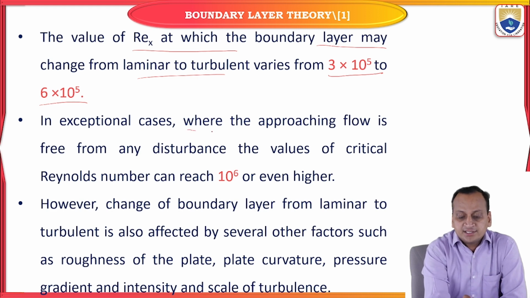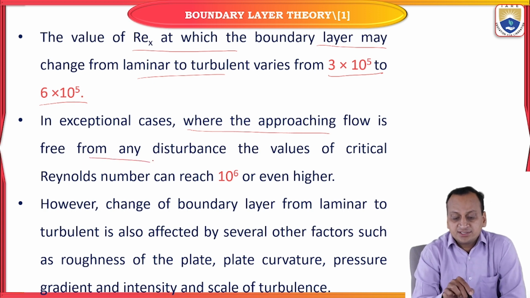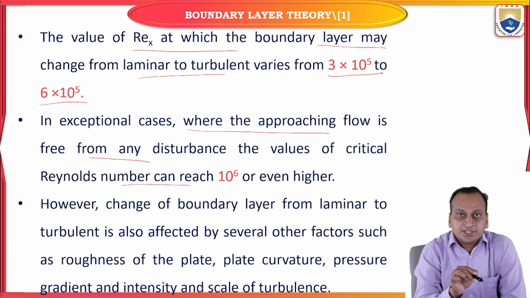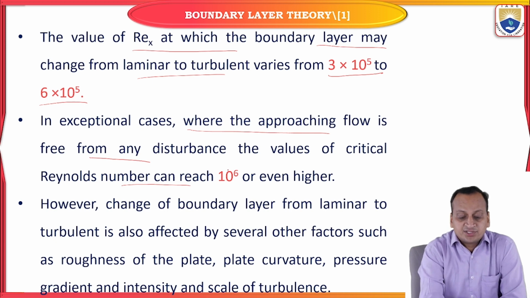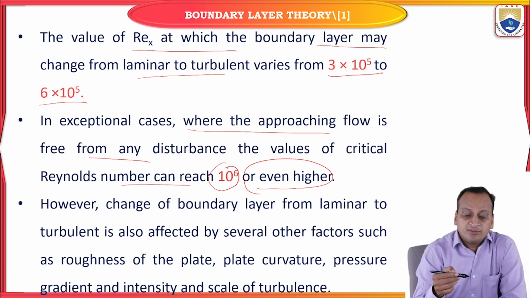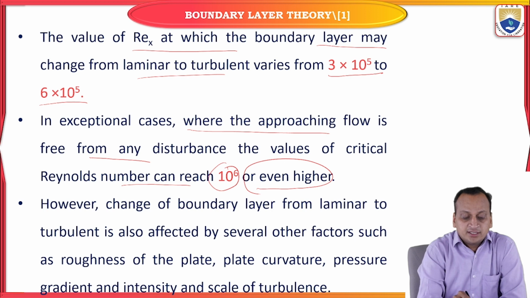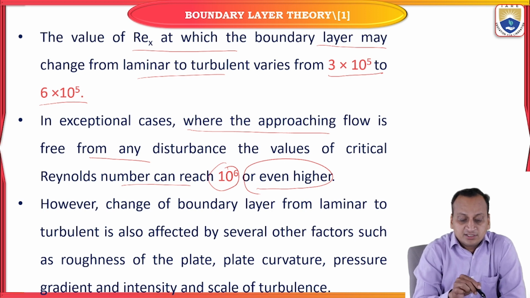In exceptional cases where the approaching flow is free from any disturbance, the value of the critical Reynolds number can reach 10 power 6 or even higher. So based on this Reynolds number, we can identify which is a laminar boundary layer and which is a turbulent boundary layer.